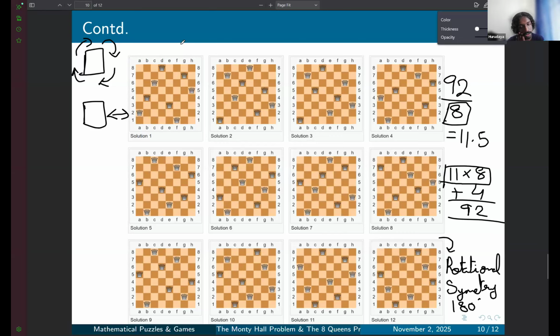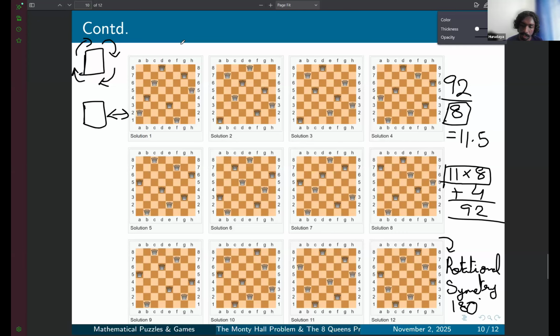Is there something else you noticed that's special about 12? If you notice, it's the only one that doesn't have any queens on its diagonals, right? Actually, this one doesn't either. But not having a queen on its diagonal is a compulsory condition for having rotational symmetry of 180 degrees.